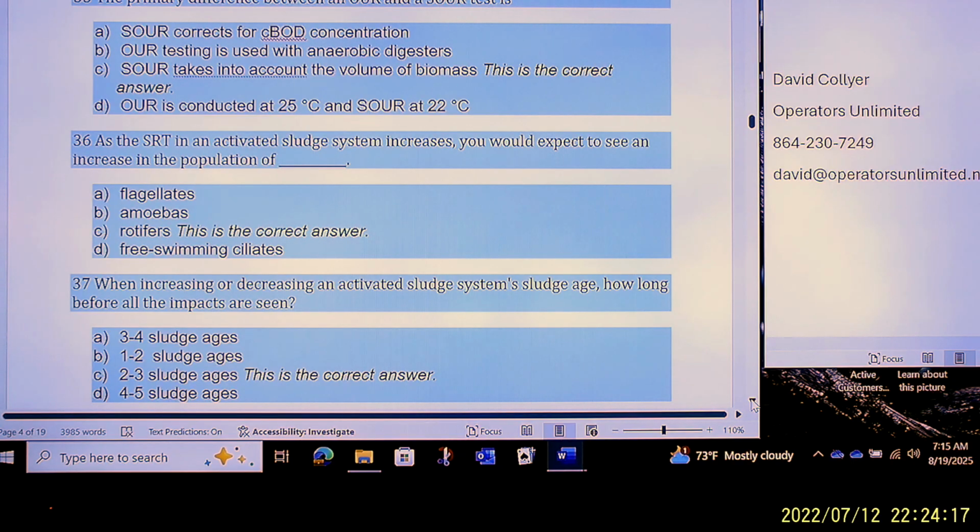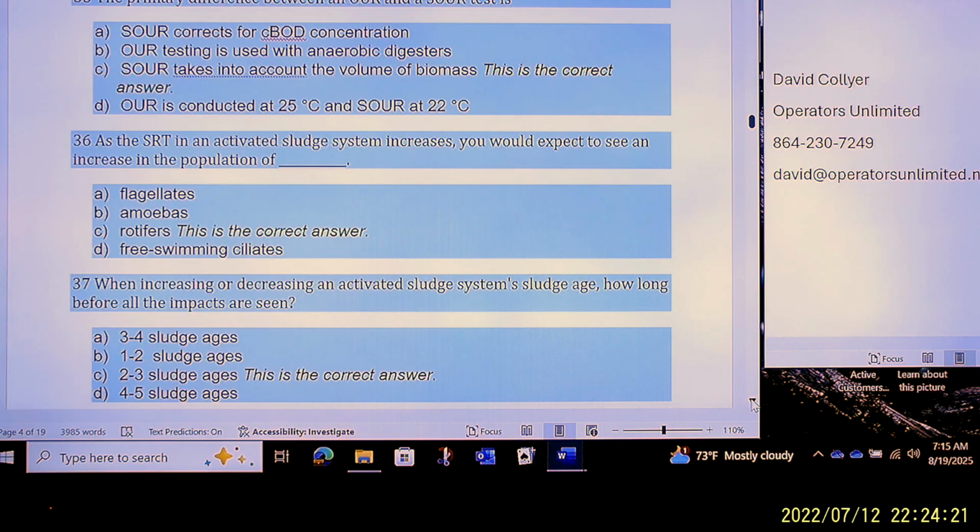Number 35, the primary difference between OUR and an SOUR test is: A, SOUR corrects for CBOD concentration. B, OUR testing is used with anaerobic digesters.